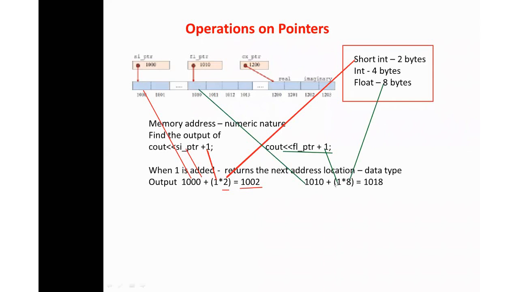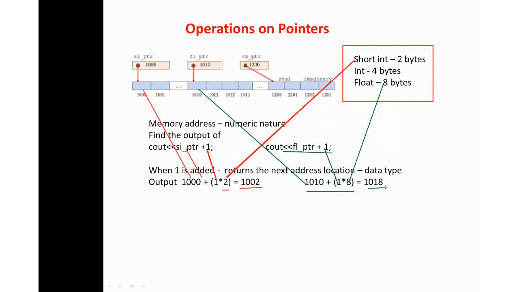One position means 8 cells will contribute for one particular data type. Float means 8 bytes, so 8 bytes is indicated as 8 cells. So 1010 plus 1 into 8 will give you 1018.